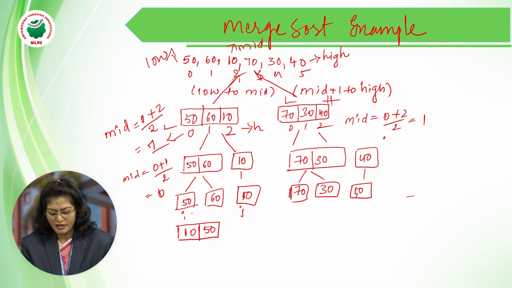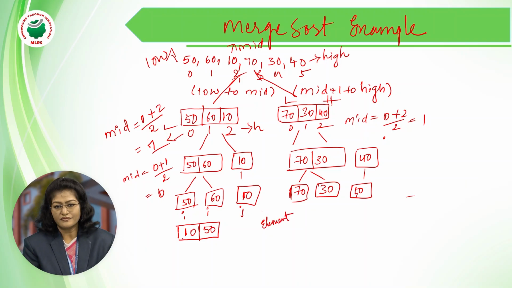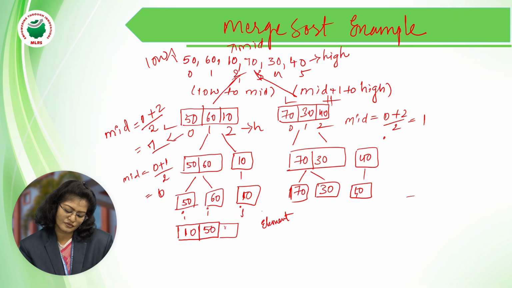Okay, and here now the I will be incremented. So I will be incremented. What is the next element we have? Like 60. So here there is no element to compare, so already we have shifted into the new array. And next, 50 we have shifted here. So this 60, there is no element to be compared, so that's why it is shifted.